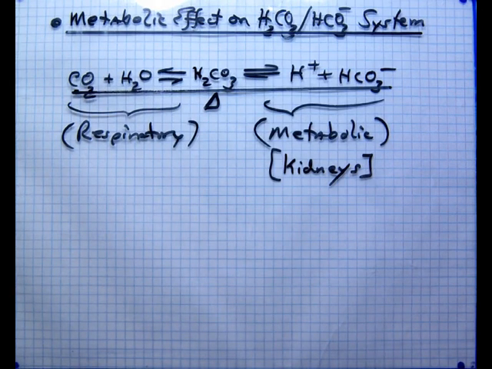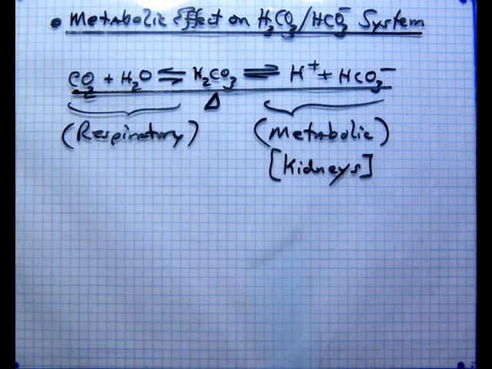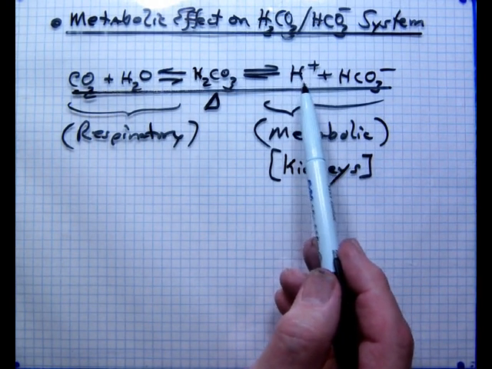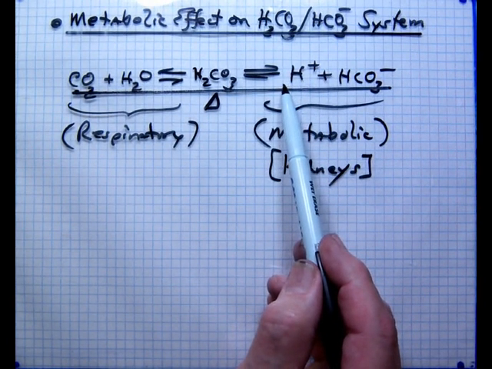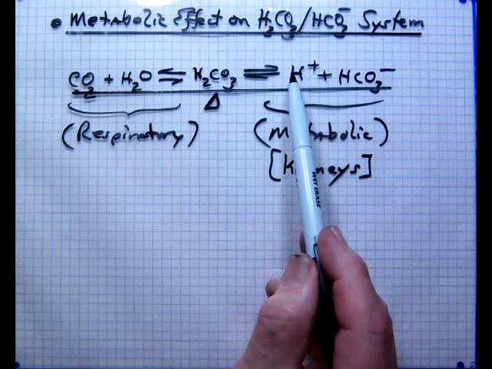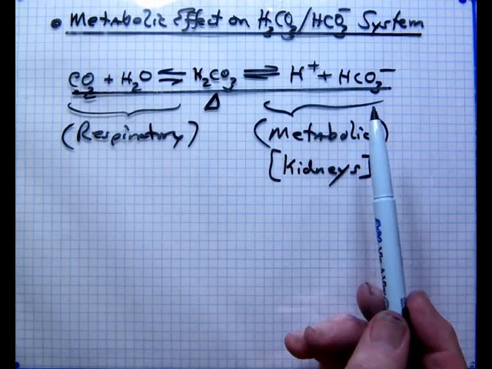Now, in the metabolic effects on the bicarbonate carbonic acid system, we look to the carbonate hydronium ion side of the equilibrium and recognize that problems or stresses are applied when we have too much acid buildup, or we can't get rid of the acid in the system, or we're not making enough acid in the system.